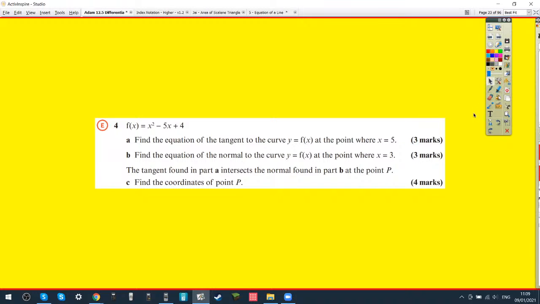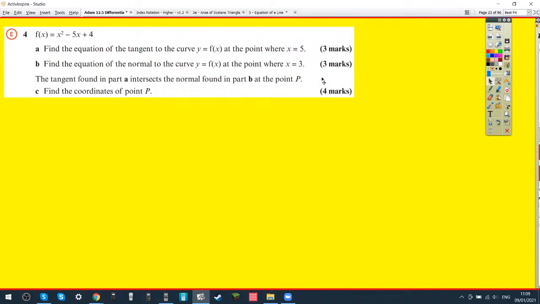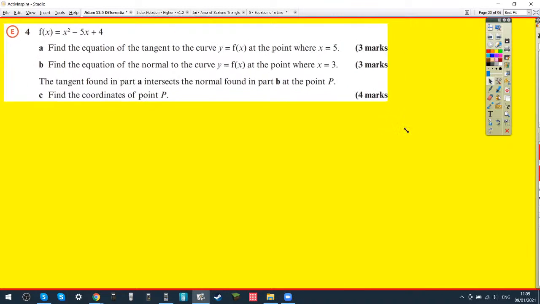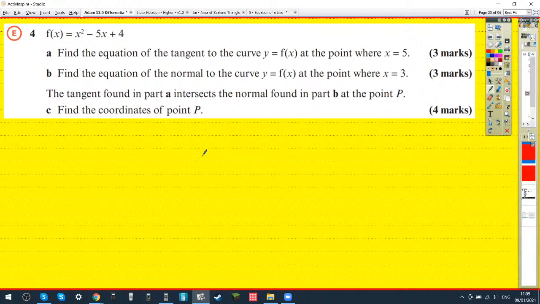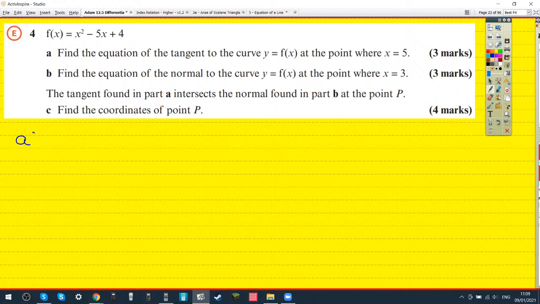Okay, let's try 4a. Okay. So it becomes 2x minus 5.